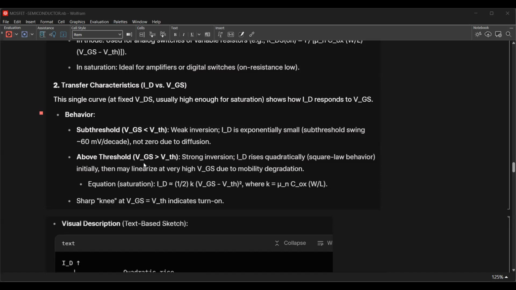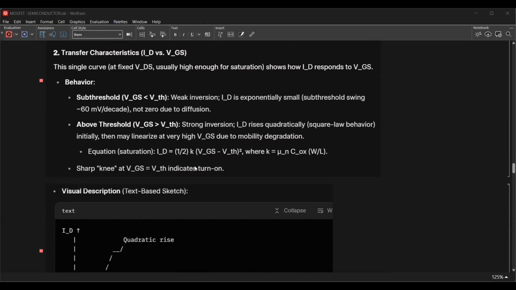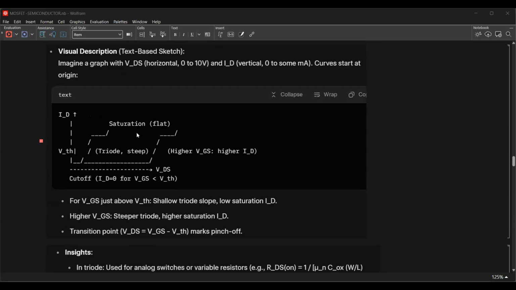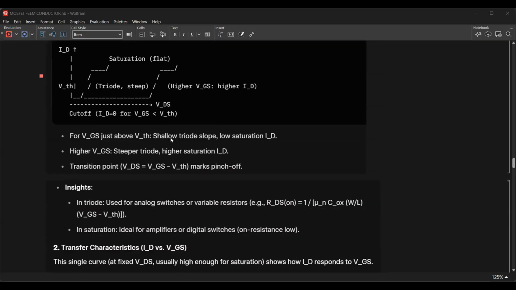Above threshold, VGS is greater than VTH, so we have strong inversion. The drain current rises quadratically, the square law behavior, initially, then may linearize at very high VGS due to mobility degradation. Here we notice on the graph the linearization, where the saturation becomes a straight line.